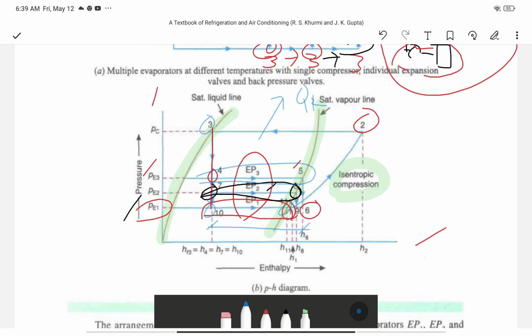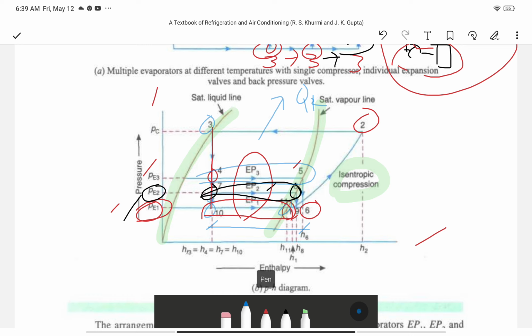And their pressure is different. PE1 is the lowest pressure. PE2 is in the middle, higher than PE1 but lower than PE3.